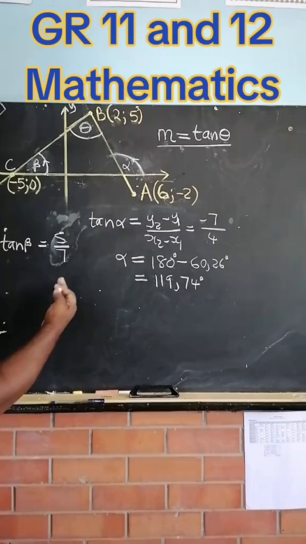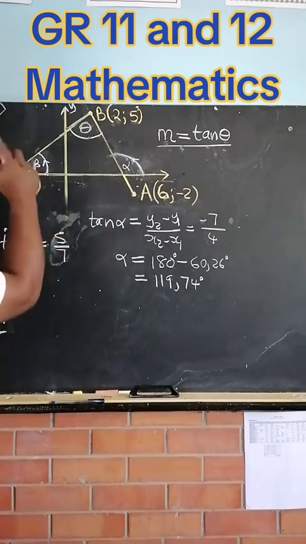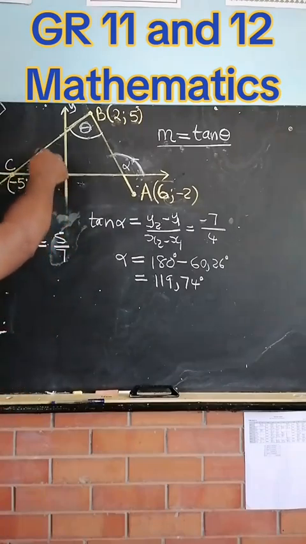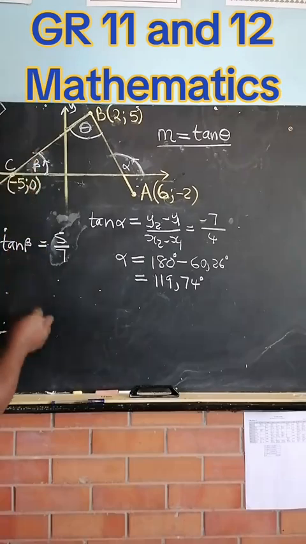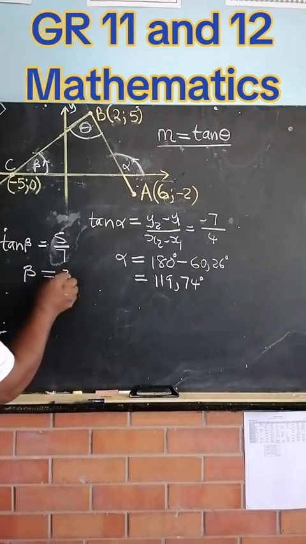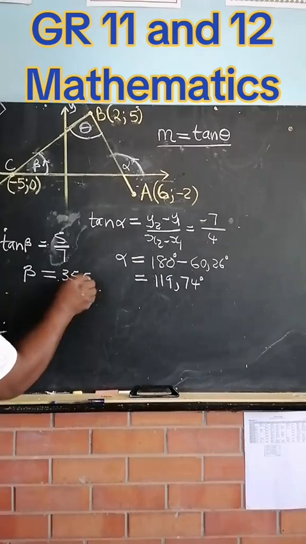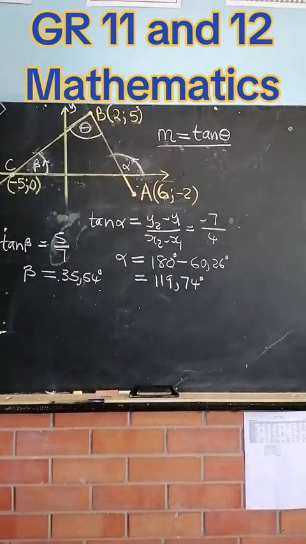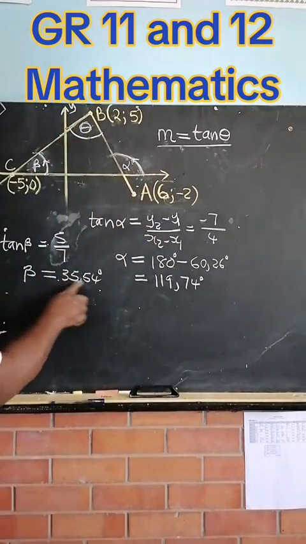But for consistency, remember we take our angle from the x-axis in the anti-clockwise direction. This is the inclination of that line. So our beta is equal to, as I got from the calculator earlier, 35,54 degrees. So my angle beta is this one.